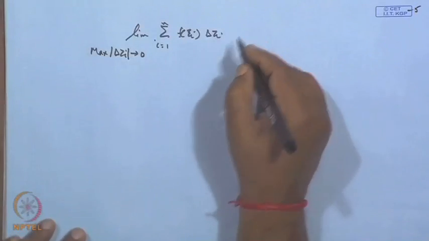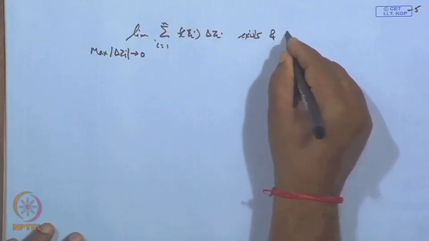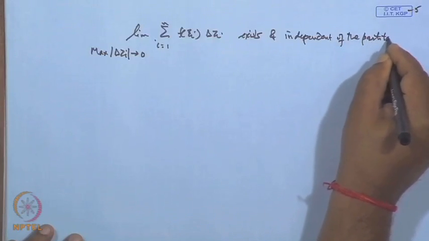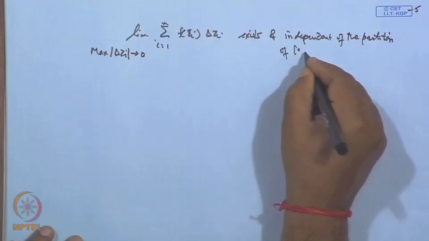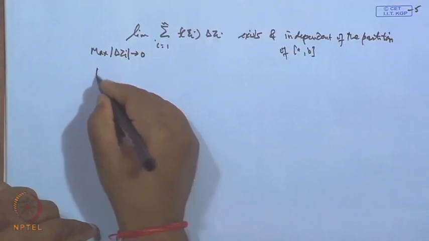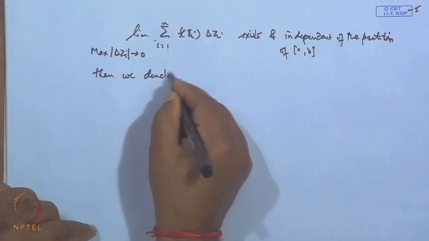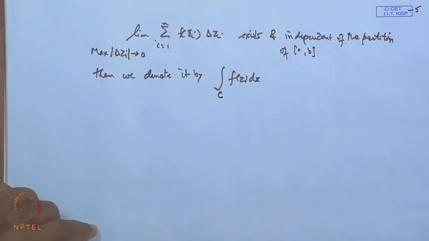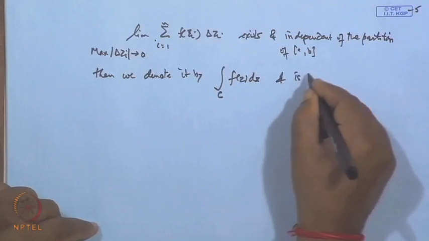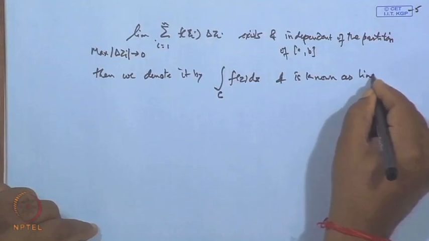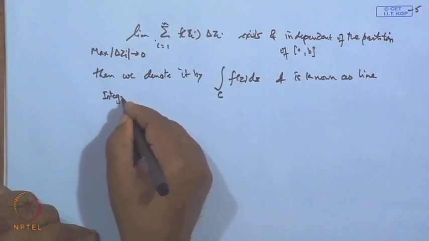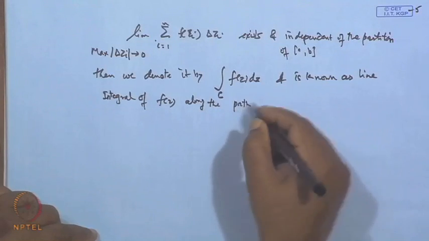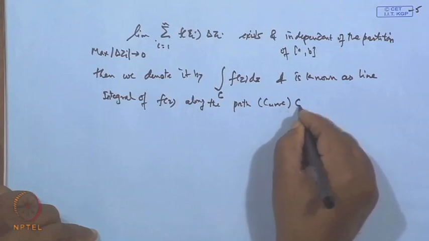If this limit exists and is independent of the partition of the interval [a, b], then we denote this limit by the integral of f(z) dz along the curve C, and it is known as the line integral of the function f(z) along the path or curve C in the complex plane.